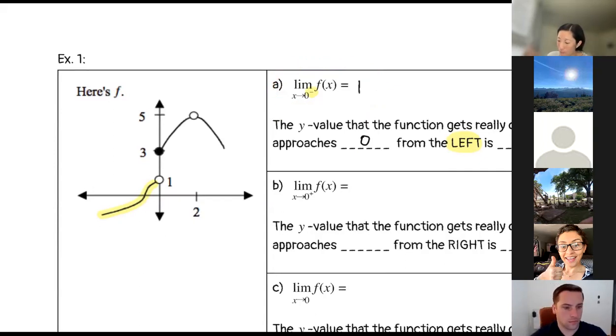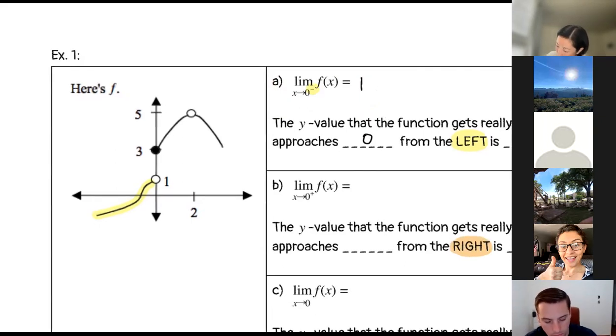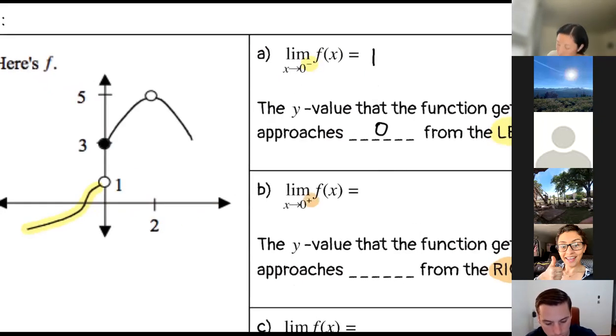All right, while I'm highlighting, take a look at question B, type in your guess. What do you think the numerical answer is going to be? Right, so this time we're looking not from the left, but from the right.